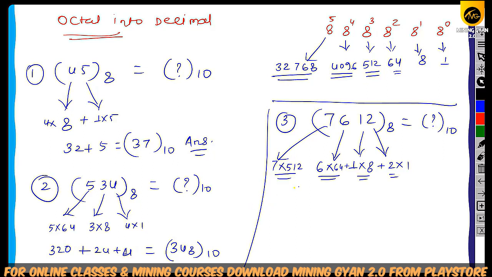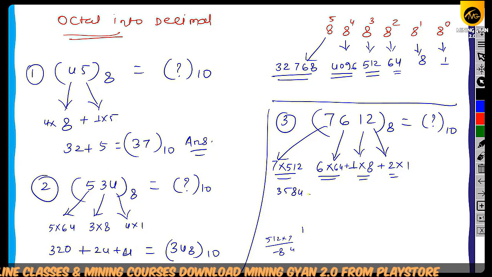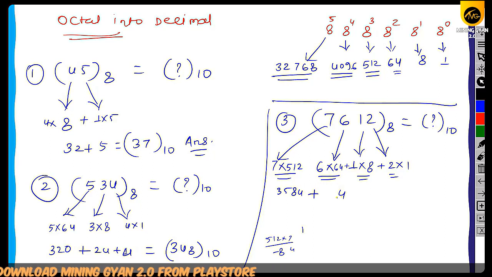So 512 into 7 is 3584, plus 6 into 64 is 384, plus 8, and plus 2.